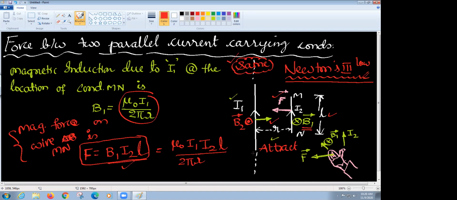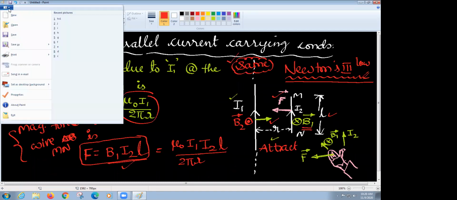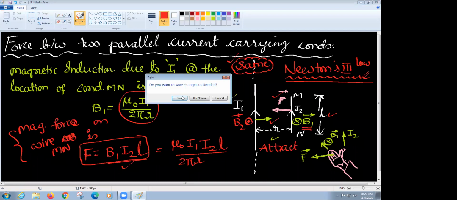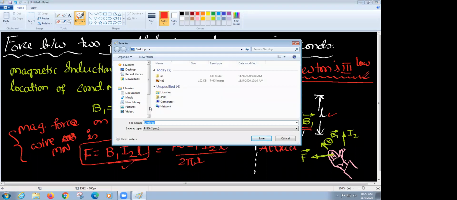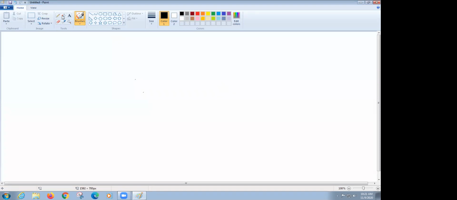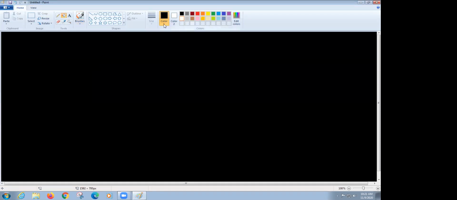Now you do one thing, you go home and test this. When something is given to you, you please test and come out with the results. That's what you must do. Say one conductor is something like this, carrying current say I1, and another is carrying current I2.